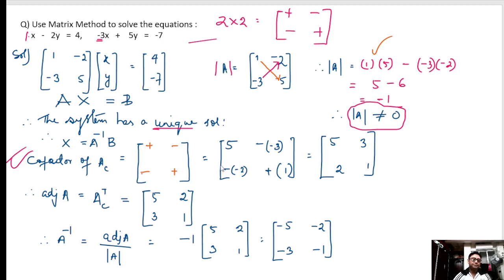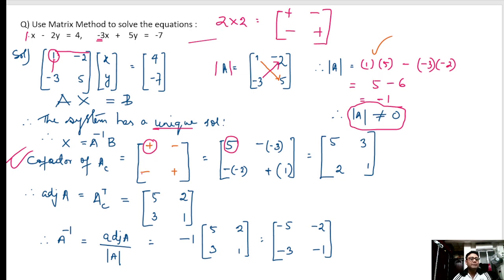Now, the cofactor matrix, how will you find it? For this position, you have to leave this row and this column. So what is left? 5 is left. So write down 5 here with a plus sign.